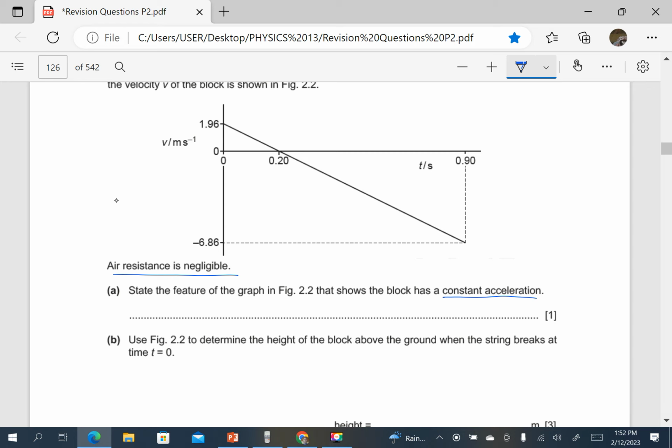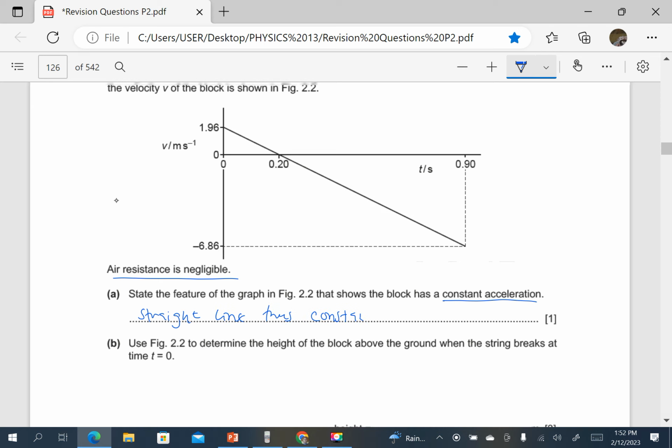Constant acceleration: straight line, thus constant gradient. Remember, the gradient is the acceleration.